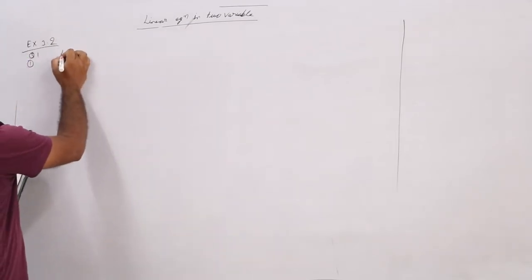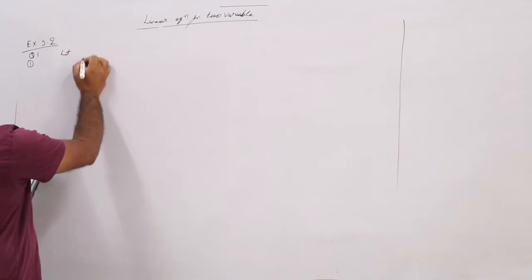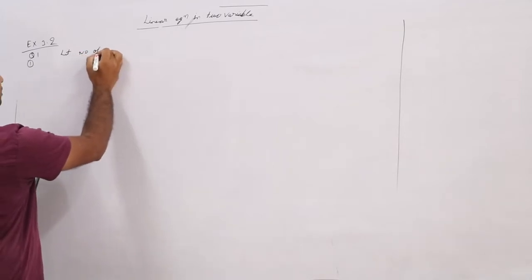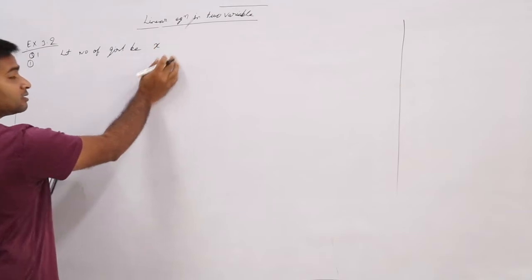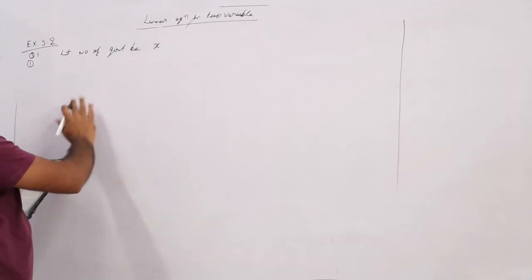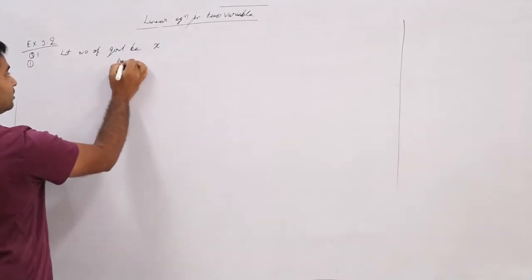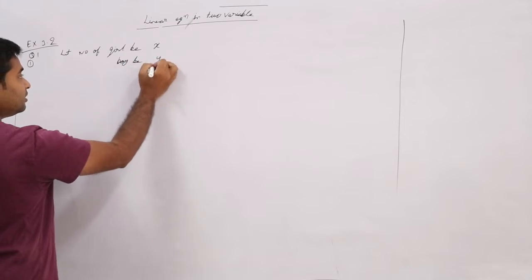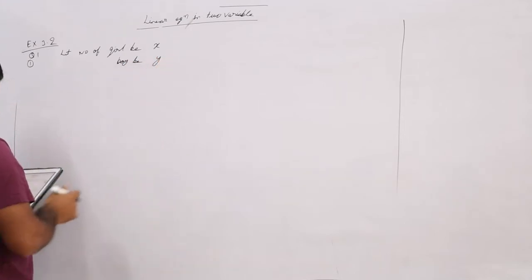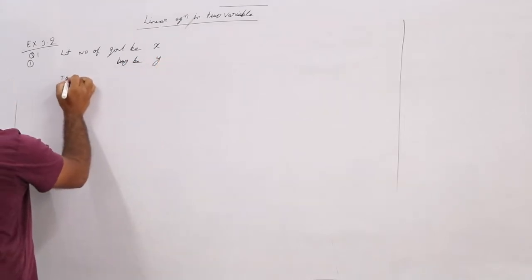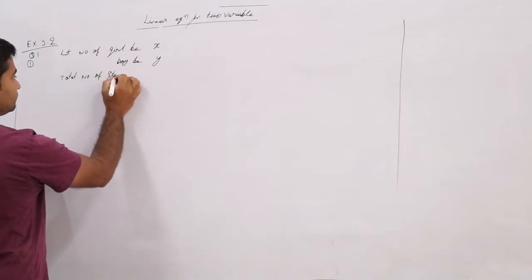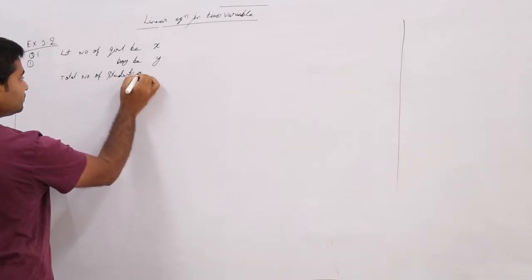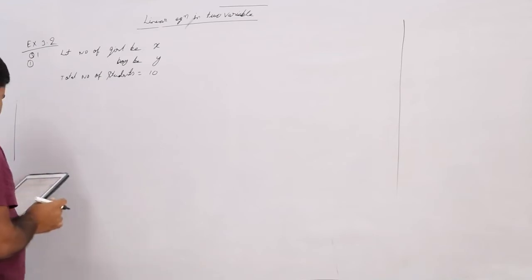See, so let the number of girls be x and the number of boys be y. The total number of students is 10.